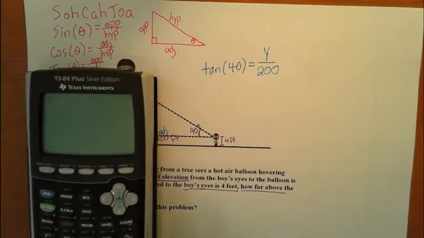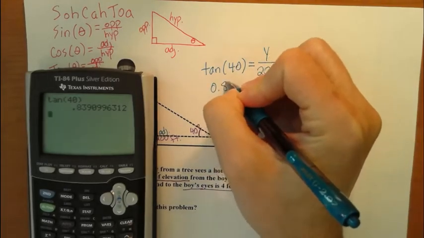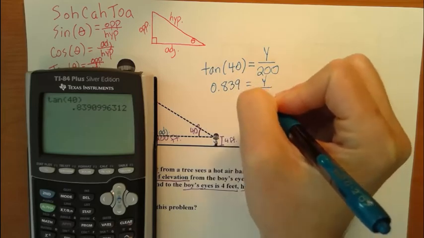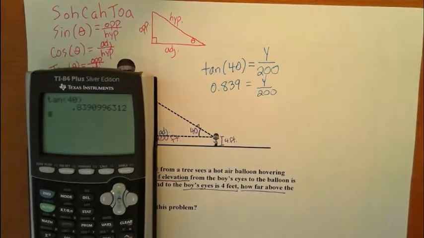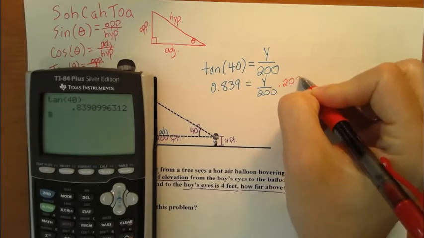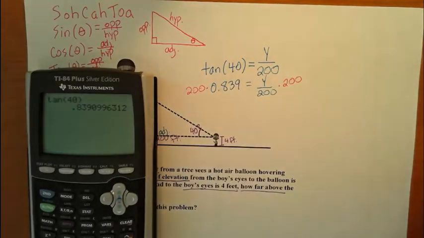So then we could put in tangent of 40 and get 0.839. And that would be equal to y over 200. From there, if you were using your algebra skills, you would just need to multiply by 200 on both sides, and that would give you your answer.